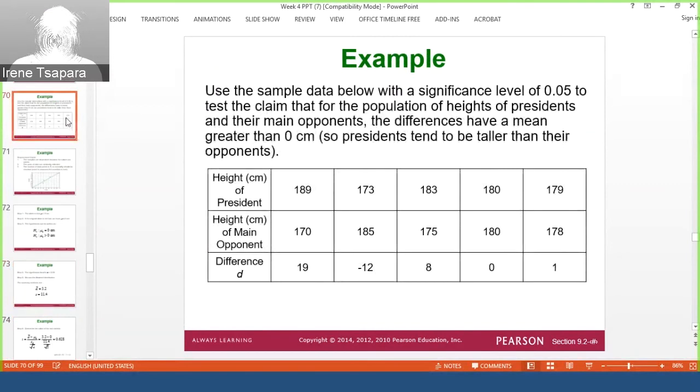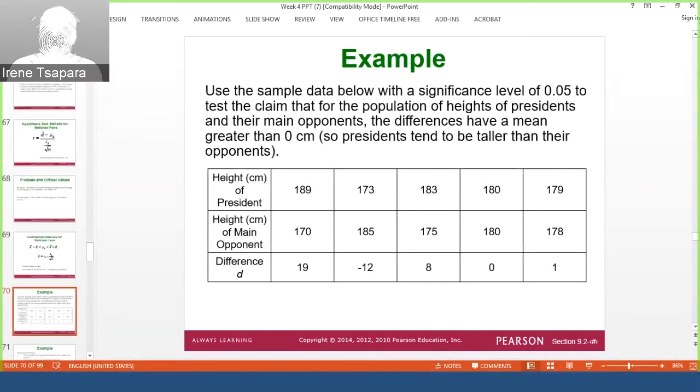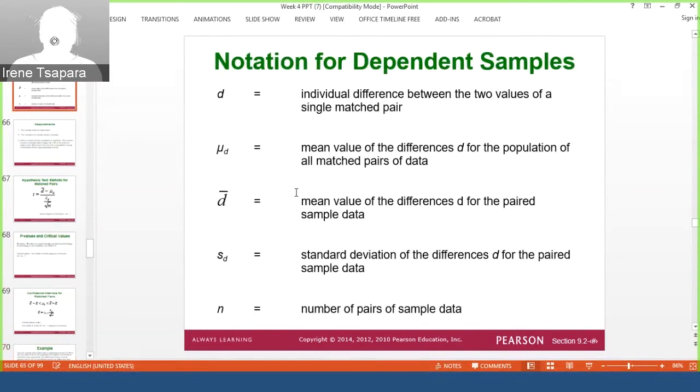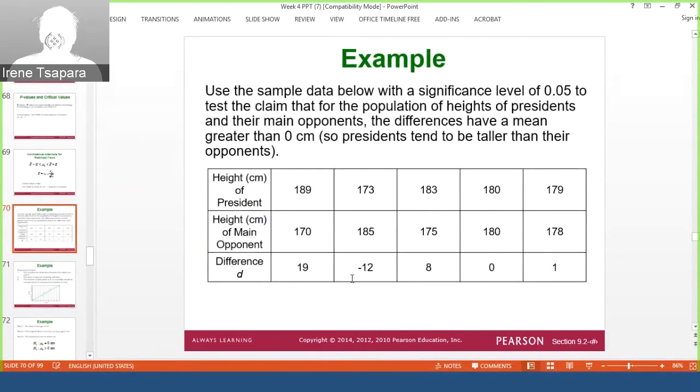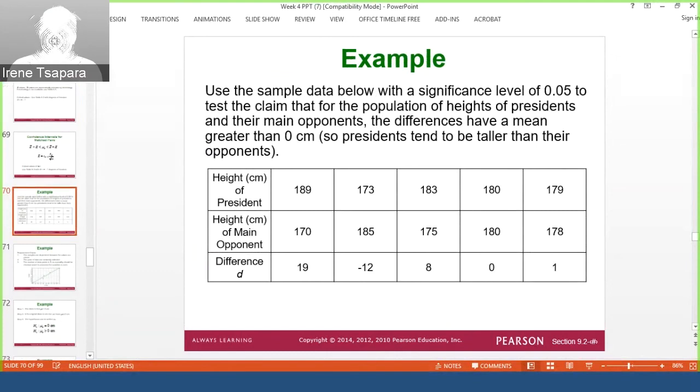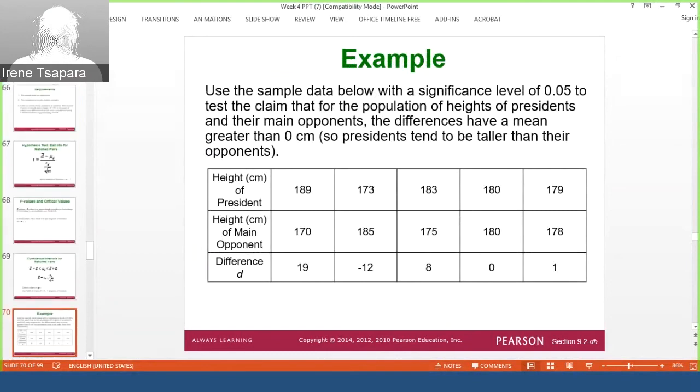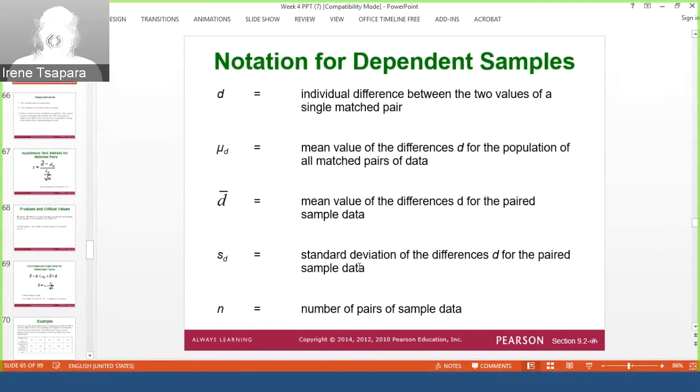So let me go back here, and let's look again at our numbers. The d bar is the mean value of the differences. So the d bar is the mean value of those numbers right here, the average of those. And the standard deviation of the d, the SD, is the standard deviation of those differences.